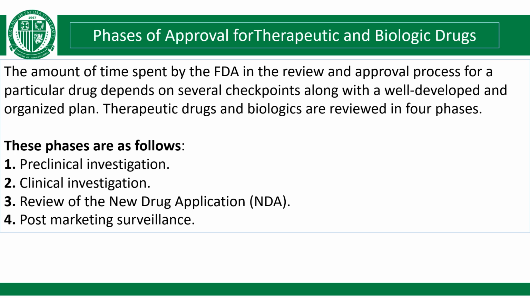Remember, the clinical investigation could take from 2 years up until 10 years, with an average of 5 years, depending on the type of medication that is being created. Now, these tests, when they are approved, the manufacturers could then apply for the new drug application review.